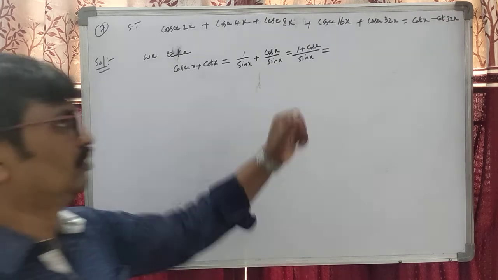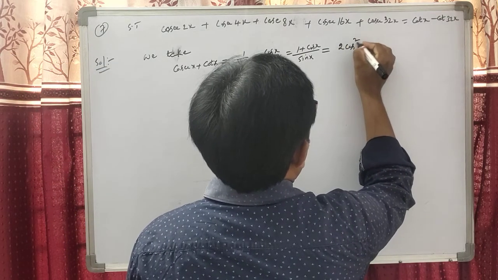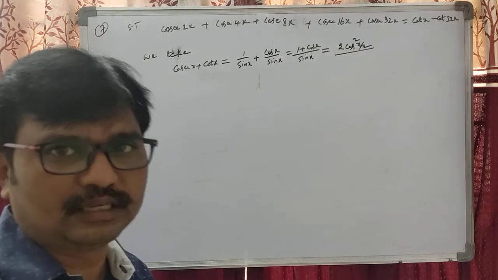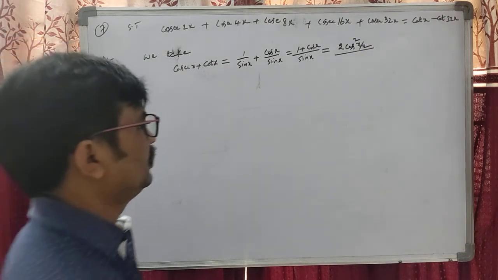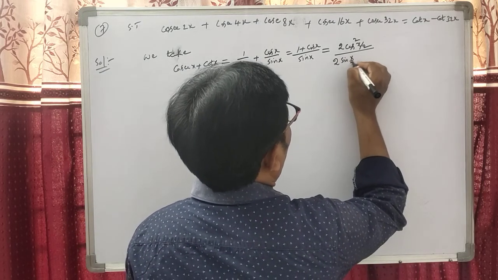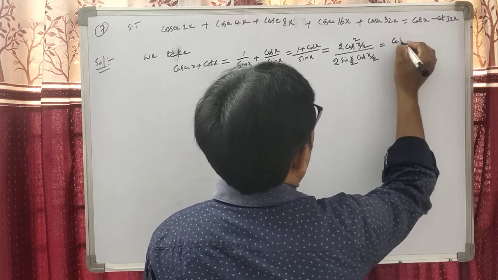So 1 plus cos x is 2 cos square x by 2. Sin x is 2 sin x by 2 cos of x by 2.